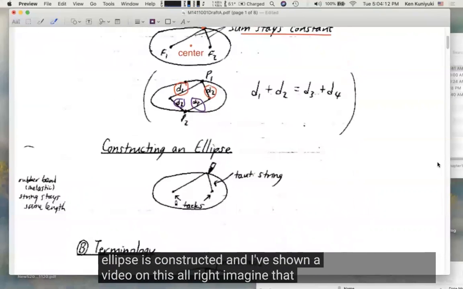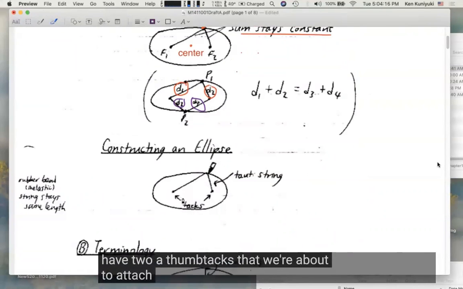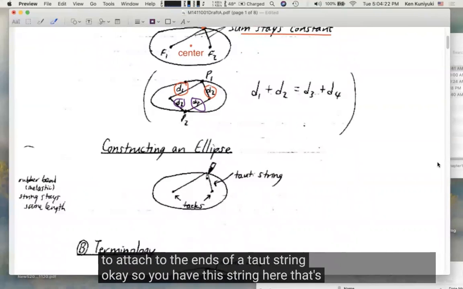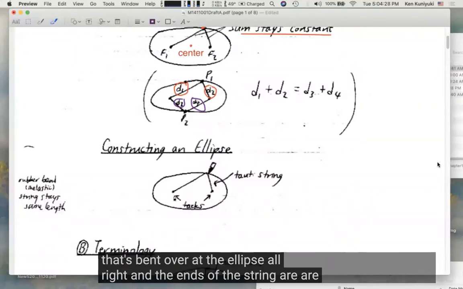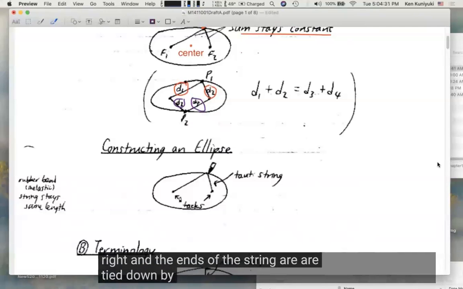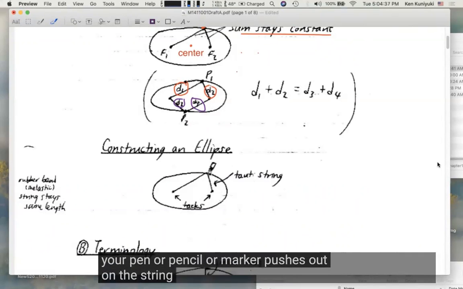Imagine that you have two thumbtacks that we're about to attach to the ends of a taut string. So you have this string here that's bent over at the ellipse, and the ends of the string are tied down by thumbtacks. Now, your pen or pencil or marker pushes out on the string until it's taut.